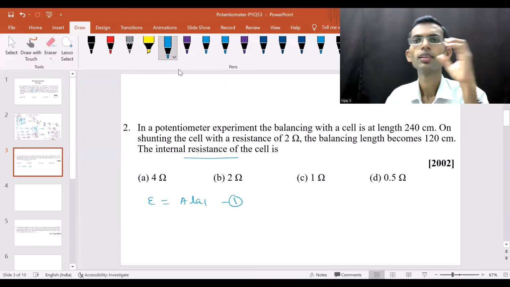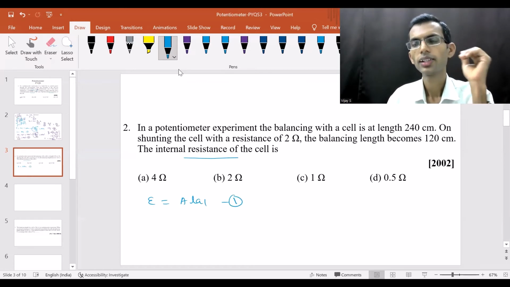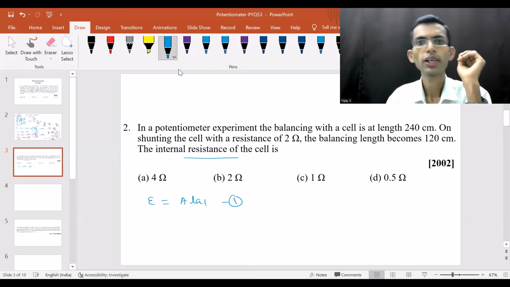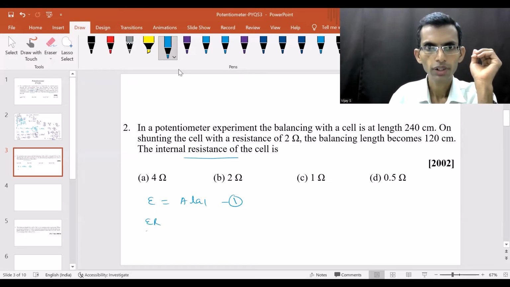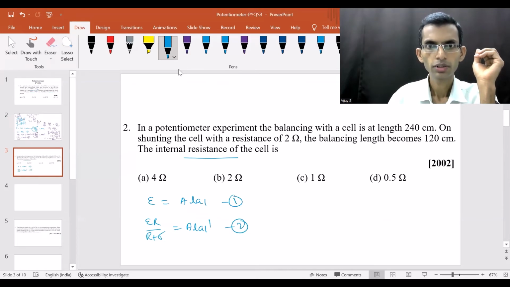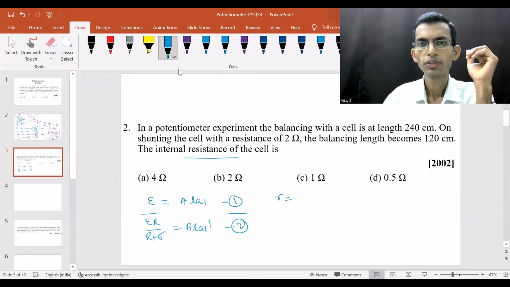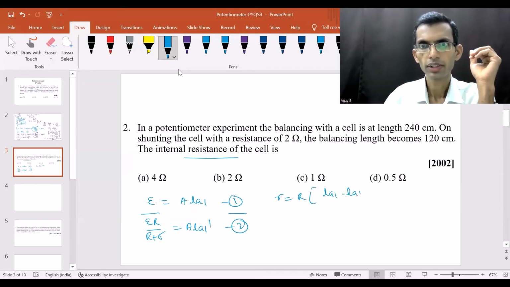Similarly, for shunted cell case, potential difference across the cell becomes equal to potential difference across the balance length, which is equal to ER by (R + r) is equal to A into L1'. So when we take a ratio of these two equations and simplify, we are going to get r as R(L1 - L1')/L1'.